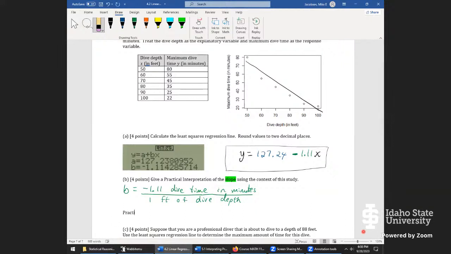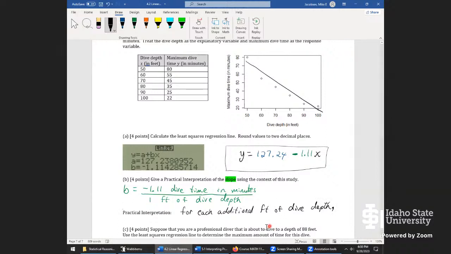Let me type this out. Practical interpretation. I'm pretty sure I spelled that wrong. And it would be something along these lines. We focus on the denominator first, and we say, for each additional 1 foot of dive depth, sorry, I had trouble spelling the word depth.